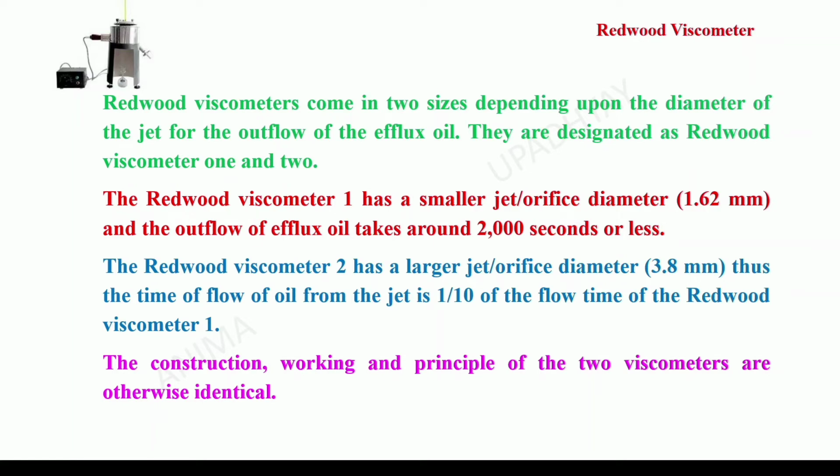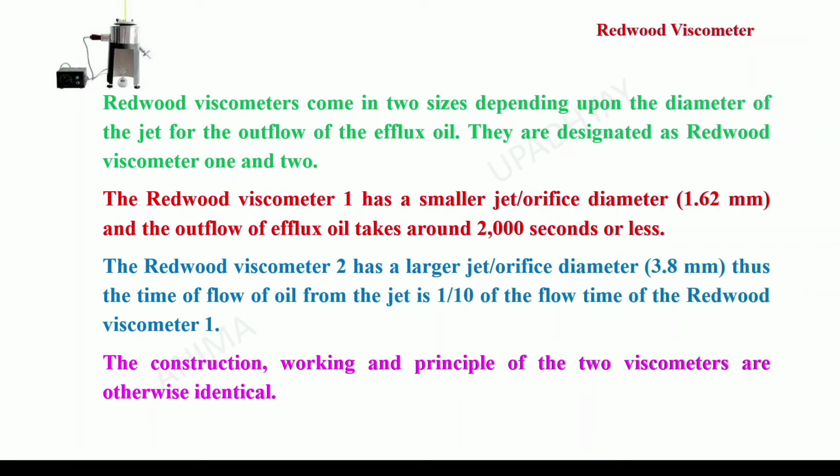Whereas the Redwood Viscometer 2 has a larger orifice diameter of around 3.8 millimeters, and the outflow of the oil from the jet is just 1/10th of the flow time of the Redwood Viscometer 1. Otherwise, the construction, working and principle for both the viscometers are the same.